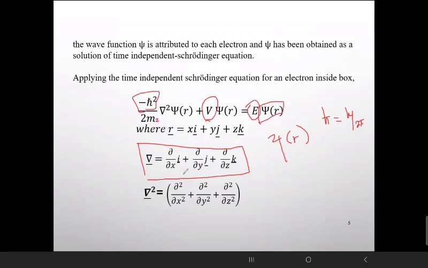Del squared is also given by a standard formula: partial squared over partial x squared plus partial squared over partial y squared plus partial squared over partial z squared, since we are considering the three-dimensional box. Do you understand this?